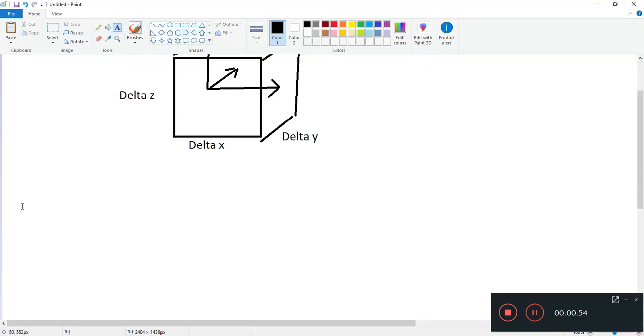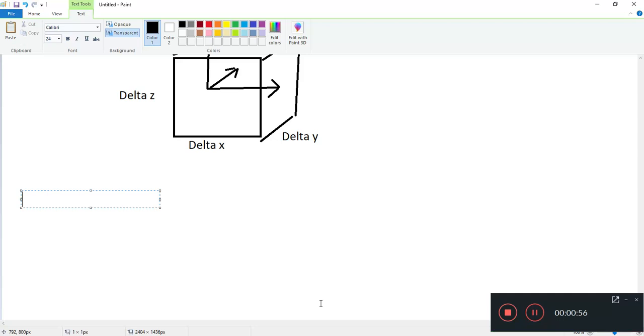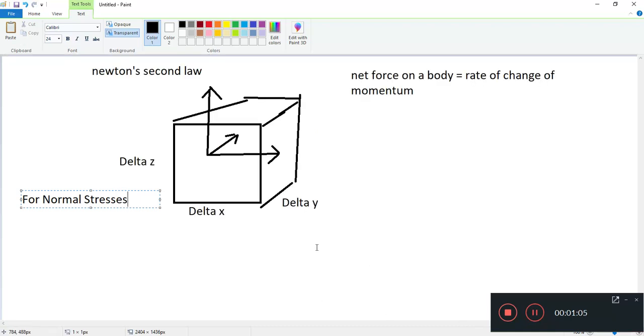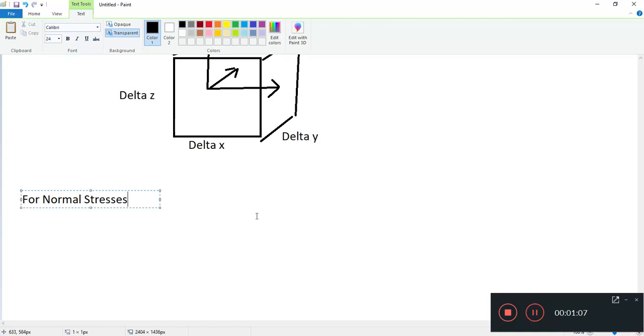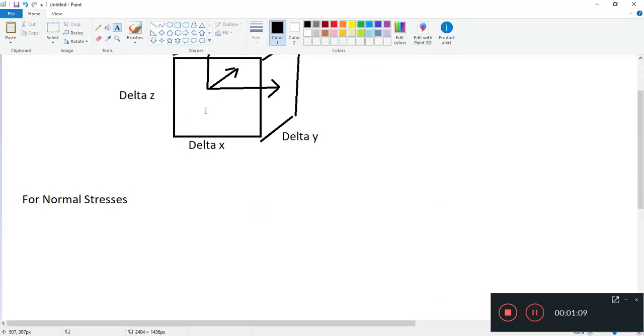Okay, so some rules of thumb. Firstly, for normal stresses. Now, what are normal stresses? Normal stresses are stresses that are perpendicular to the surface. So let's say the surface is this flat plane here. Normal stresses are the vector component of the stress which are this way or this way.